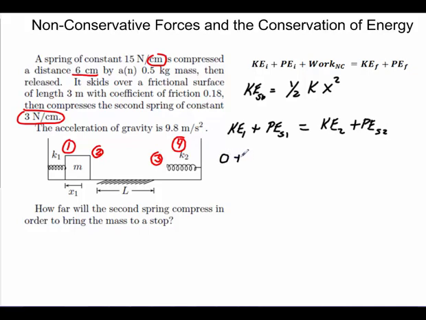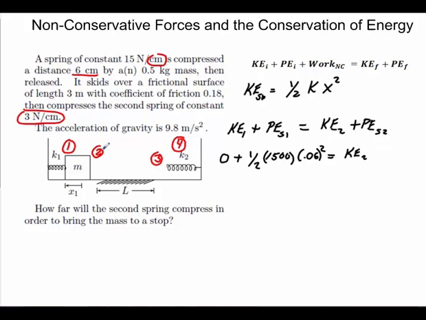The spring potential, we go back to 1/2. We convert our K into newtons per meter, which gives me 1500 newtons per meter. I'm going to change the 6 centimeters to meters, which is 0.06. I'm going to square that and set that equal to the kinetic energy I have here.